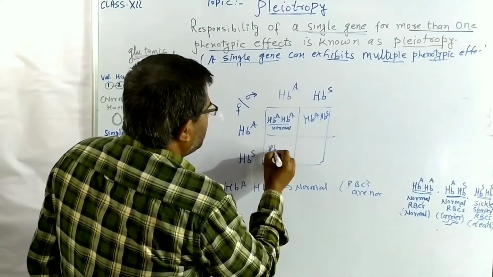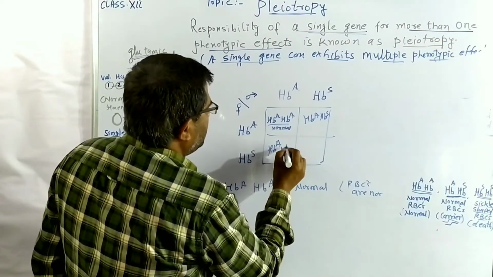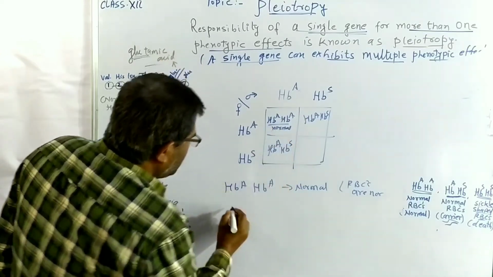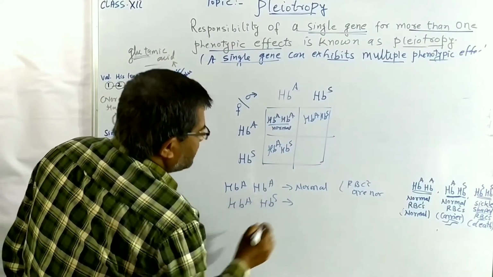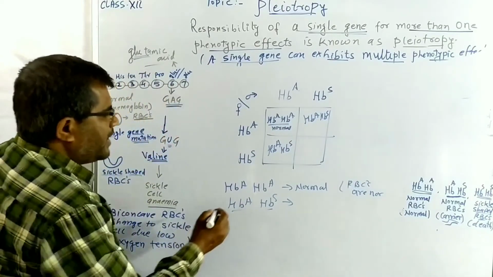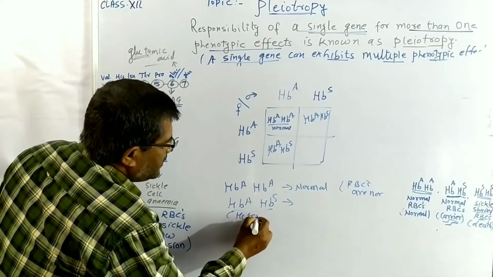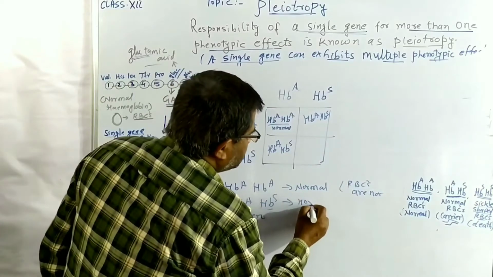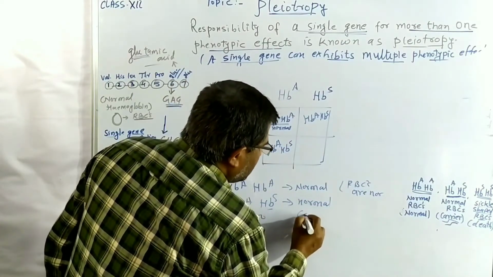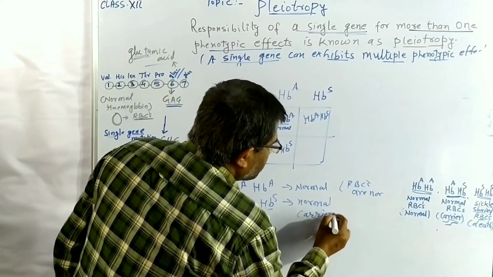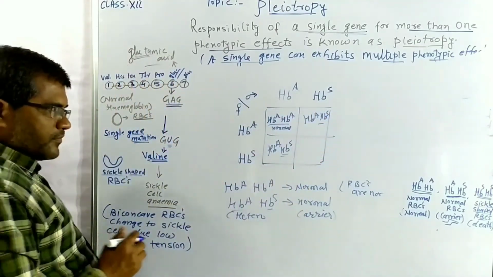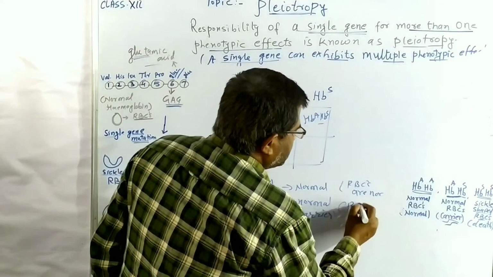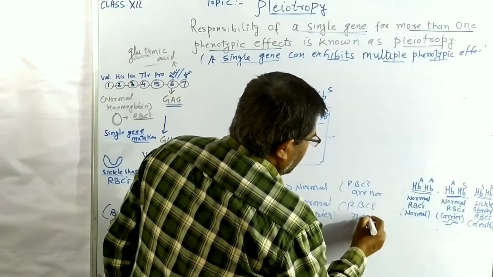This also comes HbA HbS. In such cases, HbA and HbS, both alleles are here. So this is the heterozygous condition. In the heterozygous condition, the person is normal, but is a carrier because he carries the allele S. And in such cases, the RBCs are also normal.